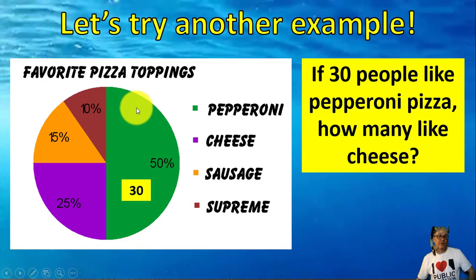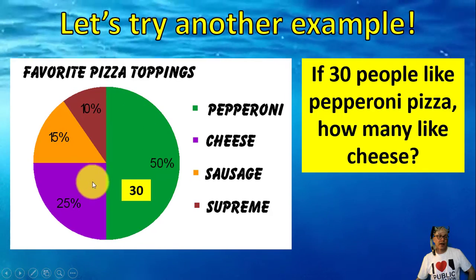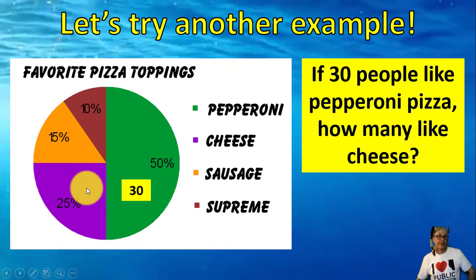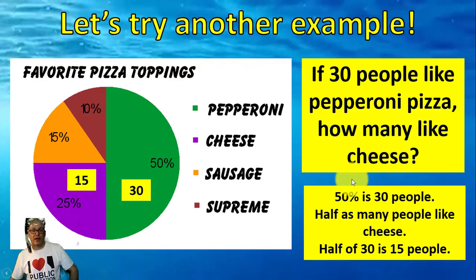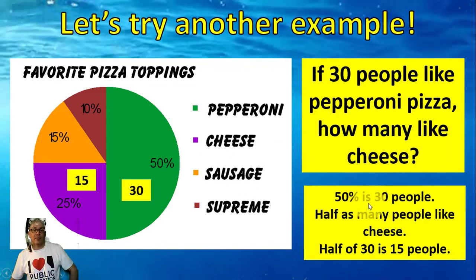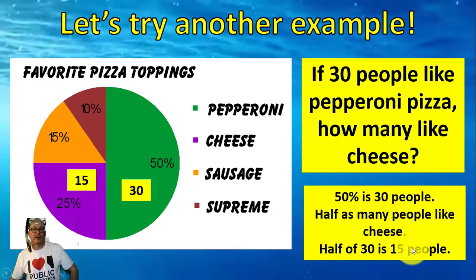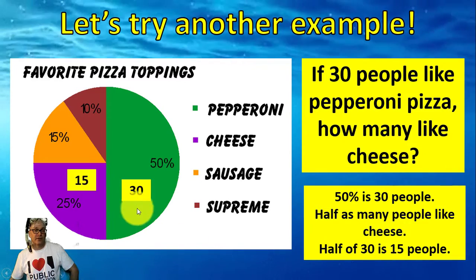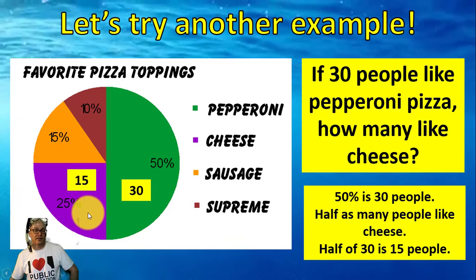So if 50% of the people is 30, how much is 25%? Well, 50% is 30 people. Half as many people like cheese. Half of 30 is 15. 30 divided by 2 is 15. You see?